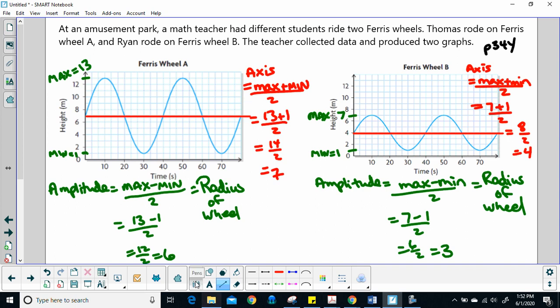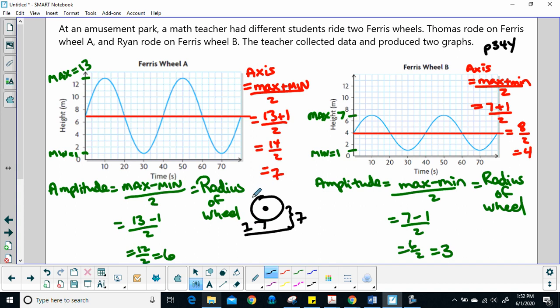Okay, so if I were to draw my Ferris wheel here, so this guy, right? There's my ground. So his center is 7 meters off the ground. The bottom is at 1. The top is at 13. And it has a radius of 6.